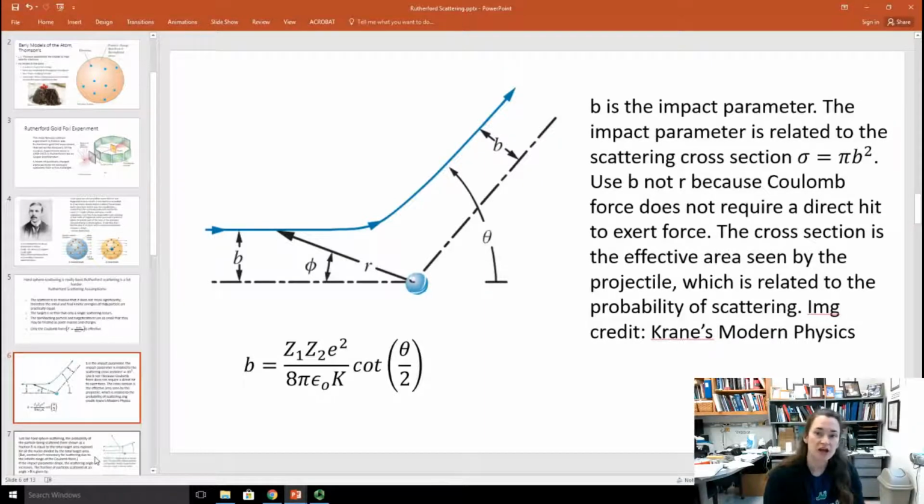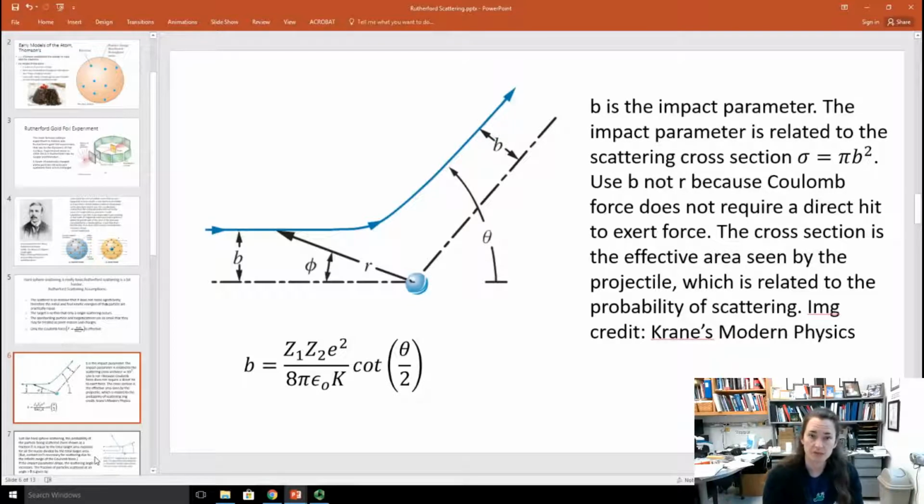And remember that the scattering cross-section is going to be pi b squared, because you're looking at a snapshot, seeing how far away from the center of that nucleus you are, and calling that the effective area of your target. We're calling it an effective area rather than a true one, because we're treating them as point particles, basically.